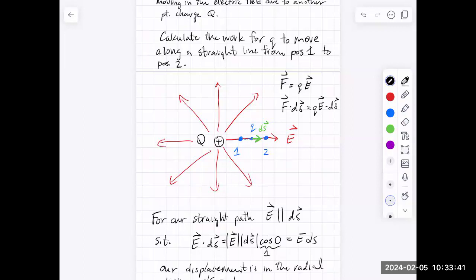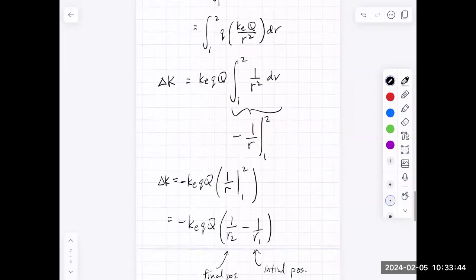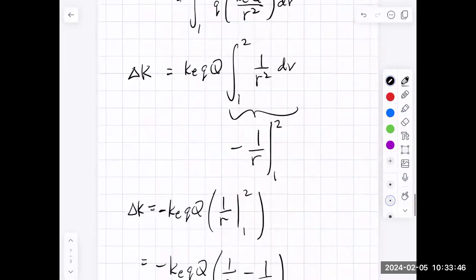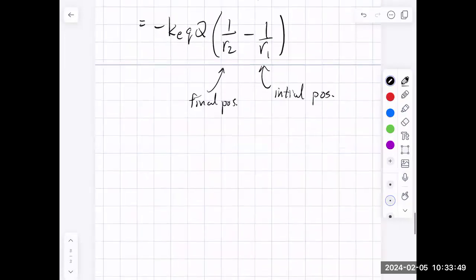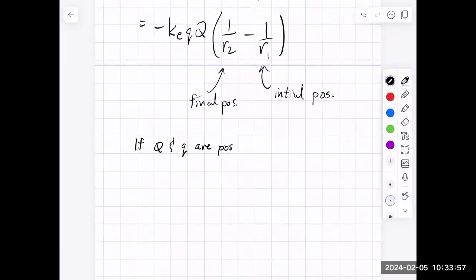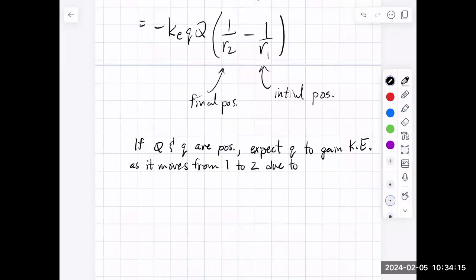And so let's check if this works. If Q and little q are both positive, we expect little q to gain kinetic energy as it moves from 1 to 2 due to the Coulomb repulsion.